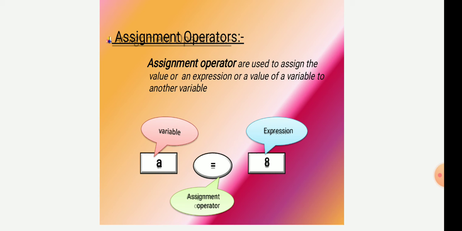So here you can see the assignment operator is equal to, okay, you can see the symbol of the assignment operator. Then dear students, you can see here we are assigning the value 8 to the variable a. So this is our assignment operator.